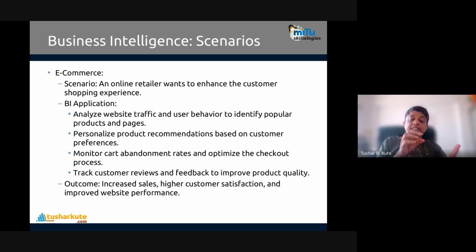So we get an increase in sales, higher customer satisfaction, and improved website performance. Website performance means the company website can perform better to complete its work, providing products at an optimized cost and delivering them at very high speed. These are the final outcomes generated.